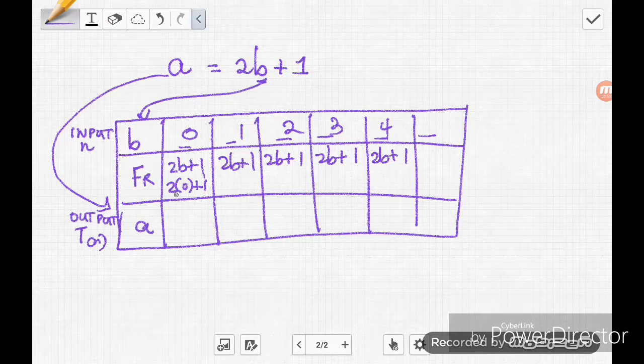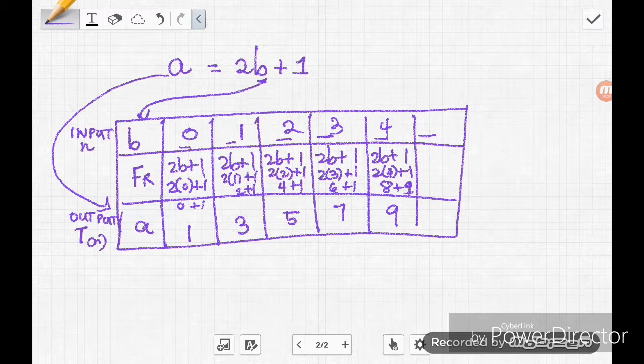So what's that? 2 times 0 is 0 plus 1, so your output is 1. 2 times 1 plus 1 is 2 plus 1, so your output is 3. 2 times 2 plus 1 is 4 plus 1, your output is 5, and so on and so forth. Okay, as long as you do things in an orderly manner, you should be able to arrive with the right answer.